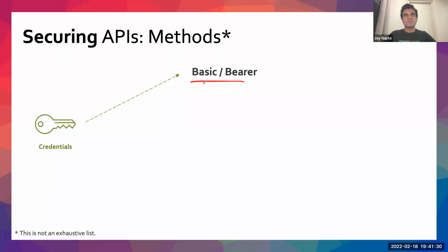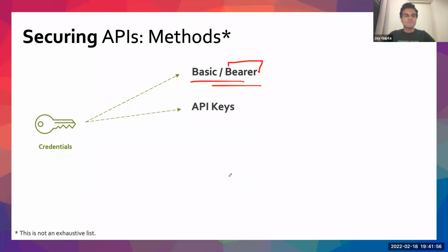So the important thing to remember is we are providing the API with a username and a password. Bearer is an HTTP authentication scheme, which we will talk about later. But essentially, what it does is that it provides us with tokens, and we can use the token to access the API.